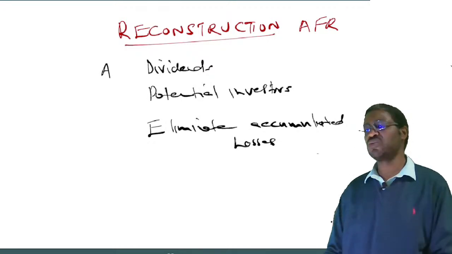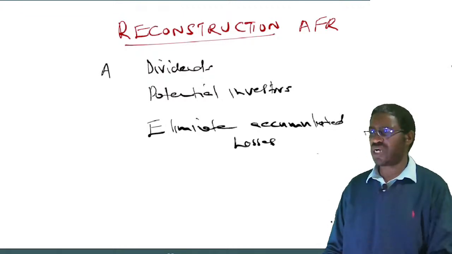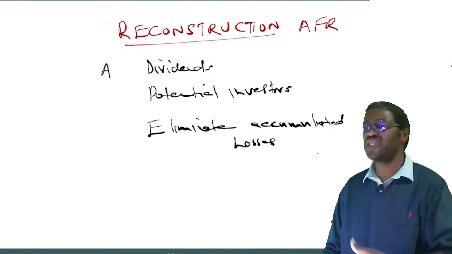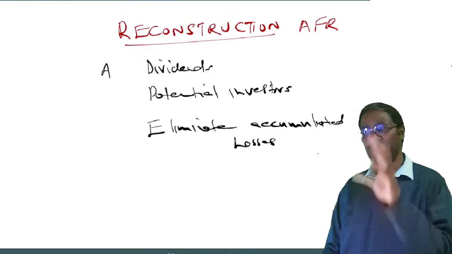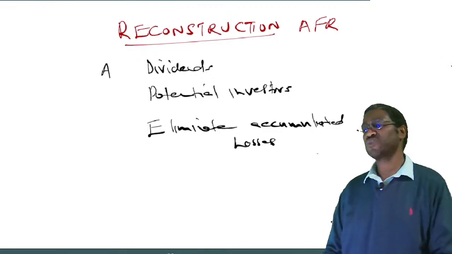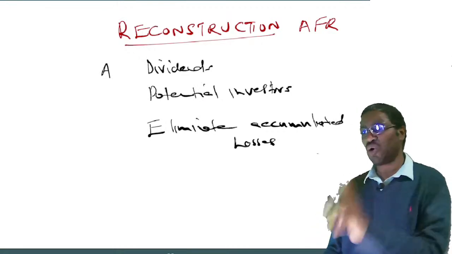Remember, there is no investor who would want to buy shares in a company where they keep seeing retained losses in the balance sheet every year. So the most logical thing to do is to reconstruct yourself.